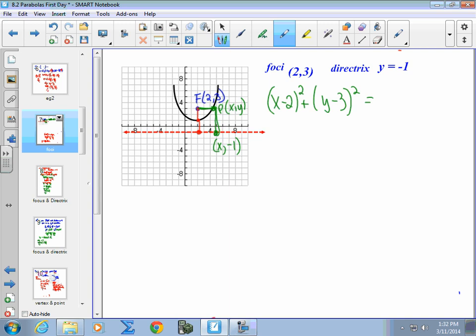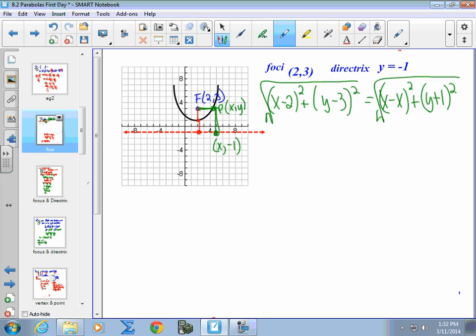So this distance is equal to the square root of x minus x squared plus y minus 1 squared.